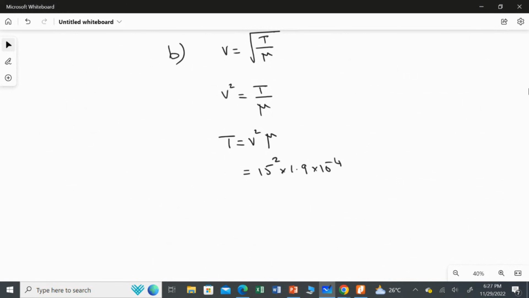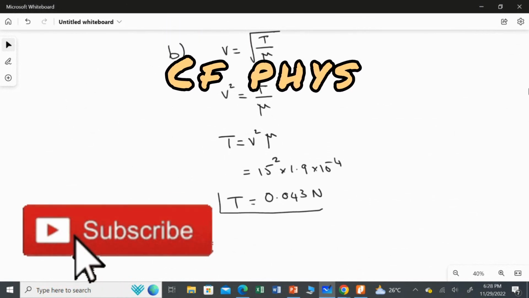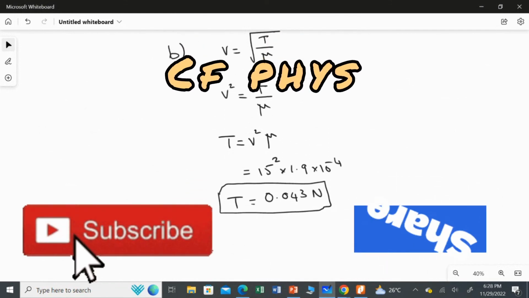So let's see what the answer is. 15 squared multiplied by 1.9 × 10^-4. I got the answer as 0.0427. Better I write it to three digits as 0.043, and the unit for the tension is Newton. So this is the answer. Clear? That's it.